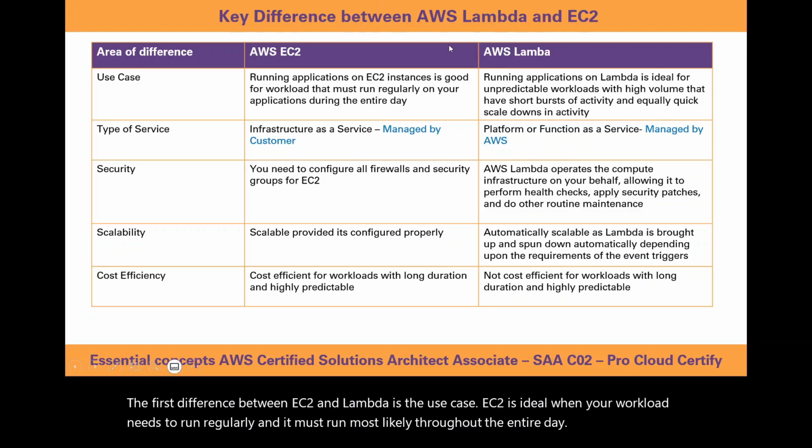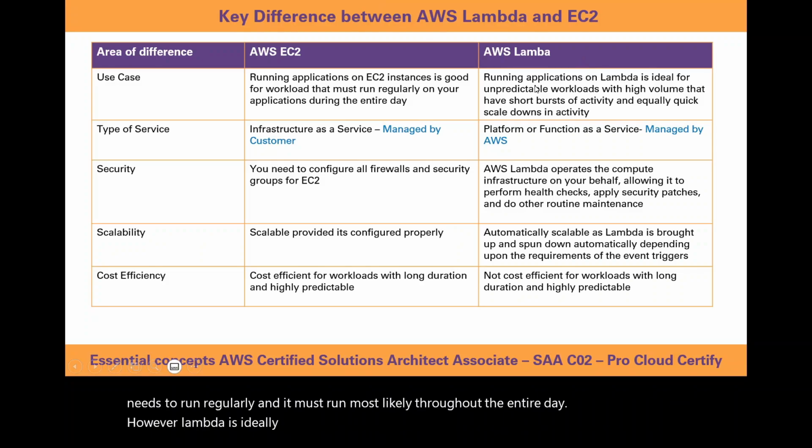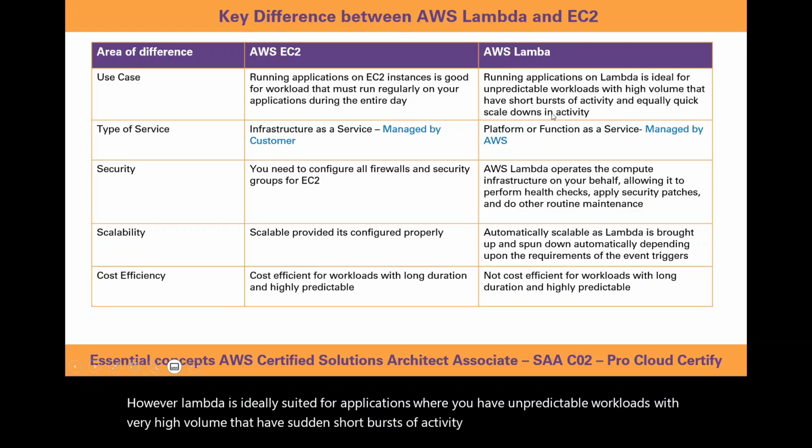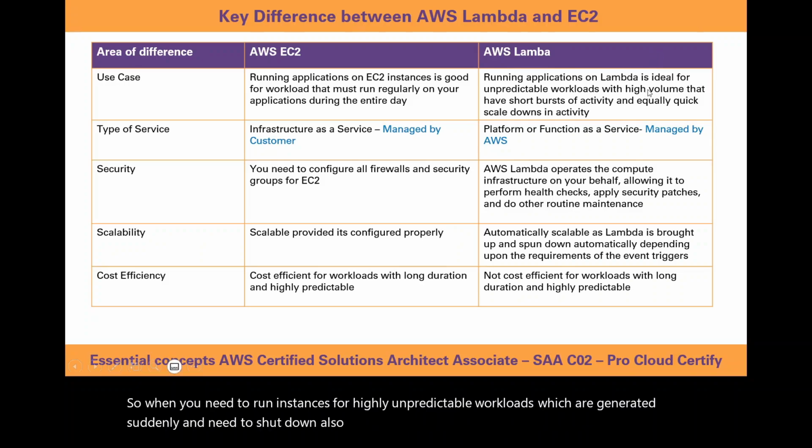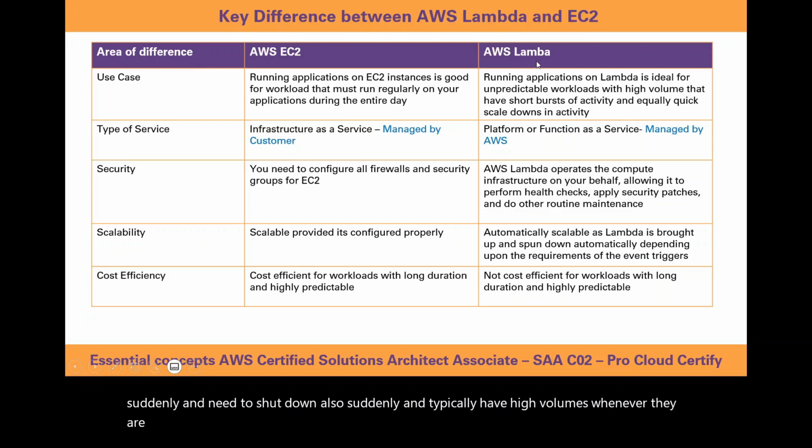However, Lambda is ideally suited for applications where you have unpredictable workloads with very high volume that have sudden short bursts of activity and equally quick scale downs in activity. So when you need to run instances for highly unpredictable workloads which are generated suddenly and need to shut down also suddenly and typically have high volumes whenever they are instantiated, then it would be best to use AWS Lambda.